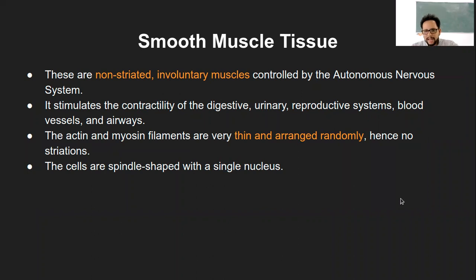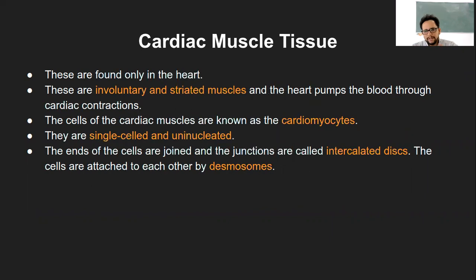Okay, then I will move forward with cardiac muscle. Again, cardiac muscles are also involuntary muscles, but these are striated muscles. Skeletal muscles are striated and voluntary. Again, you don't have to imagine these things or mug them up.